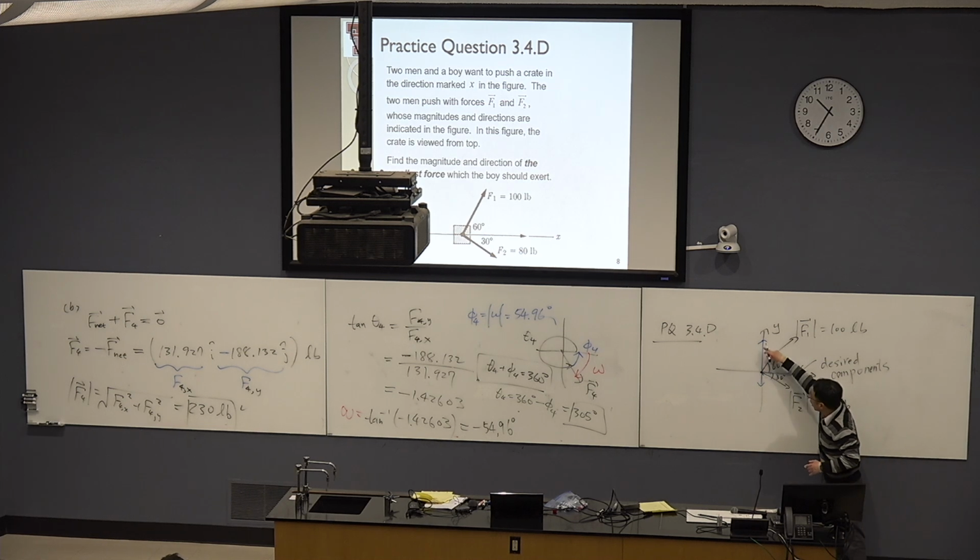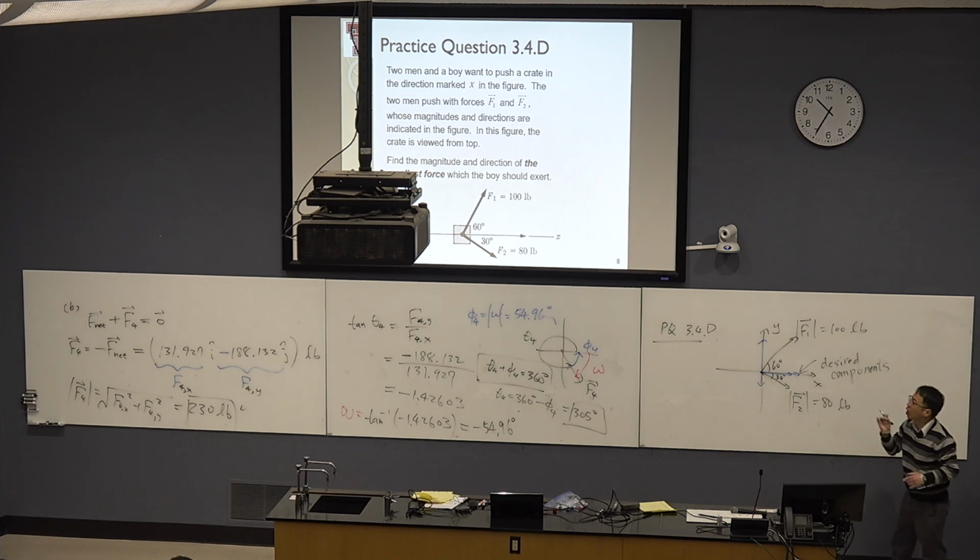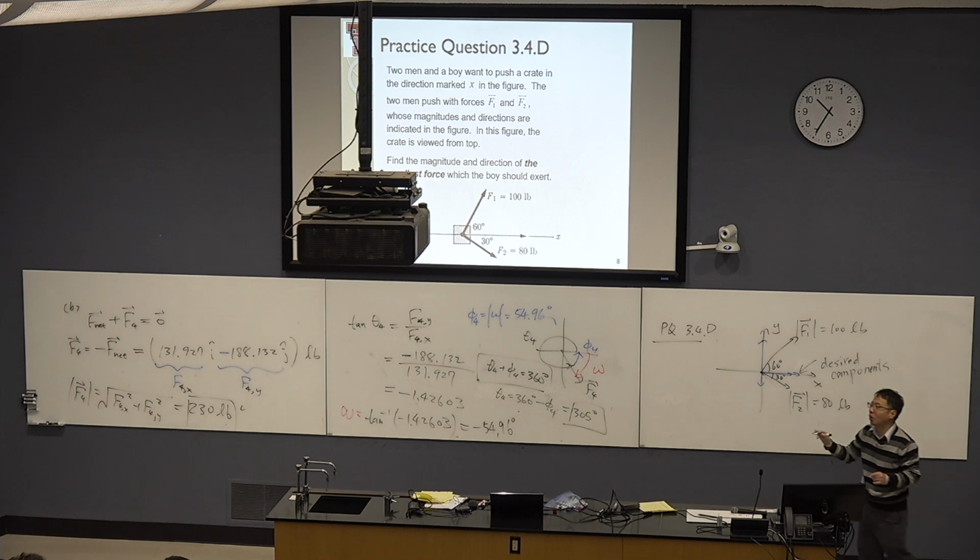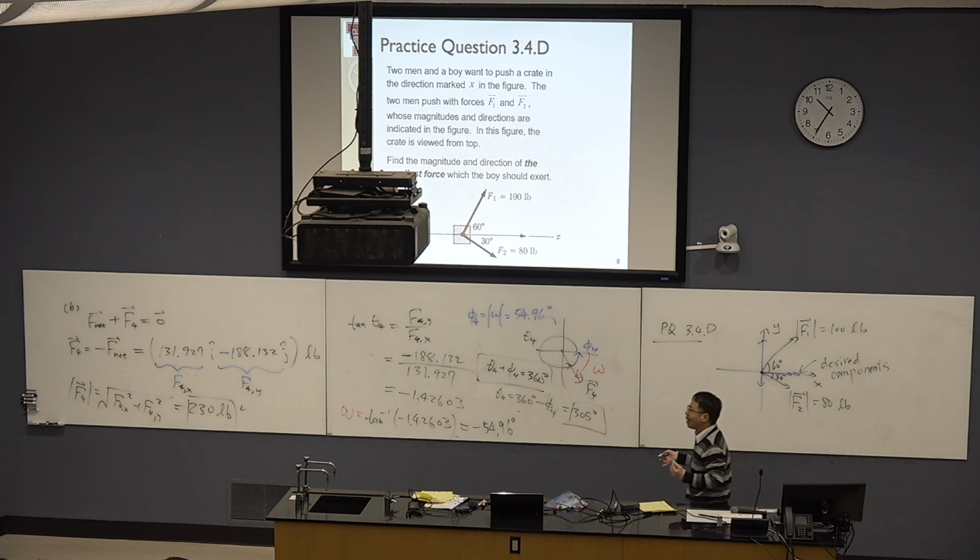But now the problem comes from the vertical ones. There's one up, one down, and they don't cancel each other. So what's the goal of the boy? The boy is going to exert one additional force. At least he wants the force of the boy to cancel out the y components of the two forces.